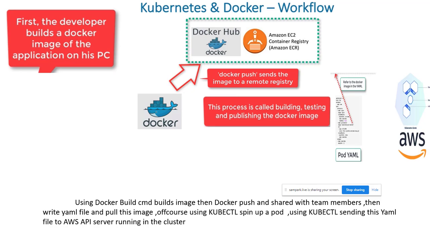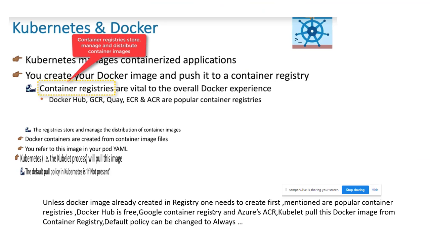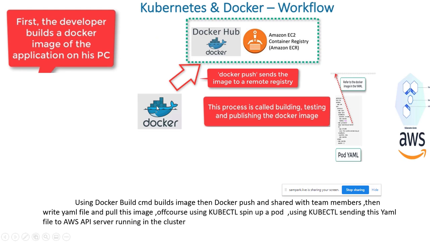Once your Docker build is done, you push your image with the Docker push command. As the name suggests, you are pushing your image to Docker Hub, or, as we discussed before, GCR, ACR, whatever.